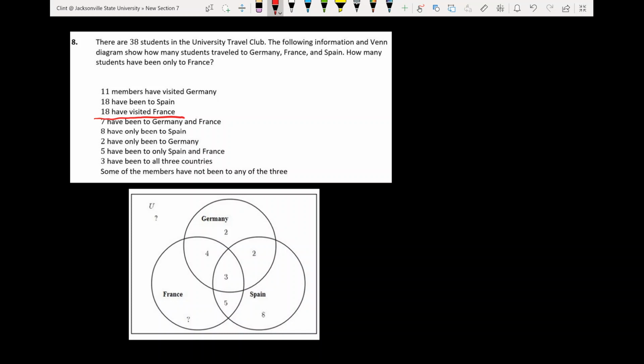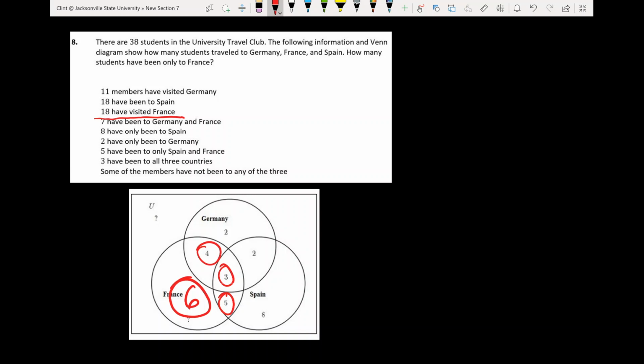So we'll start out with 18, and then subtract the 3 parts that are already in there: minus 4, minus 3, minus 5, because they're already in the France circle. That leaves us with 6 out here. So how many students have only been to France? 6. It's not as bad as the one we did before, and not quite as much work.